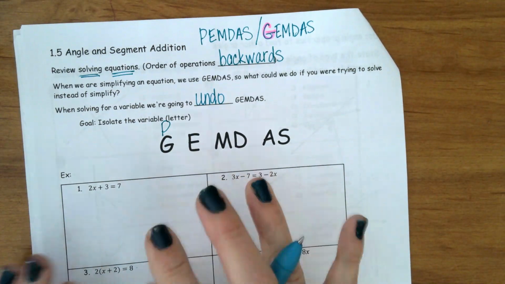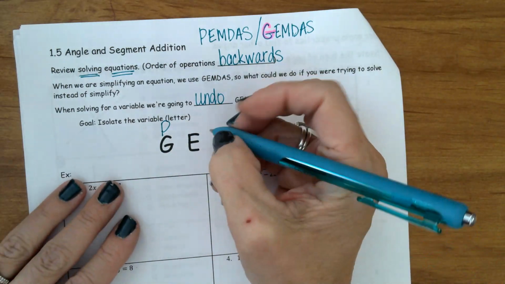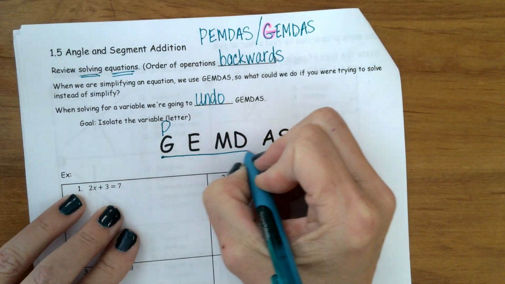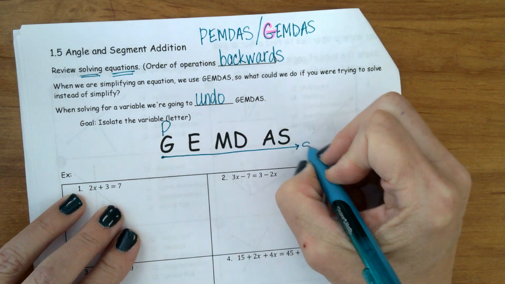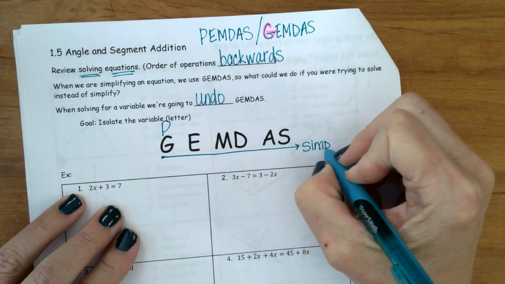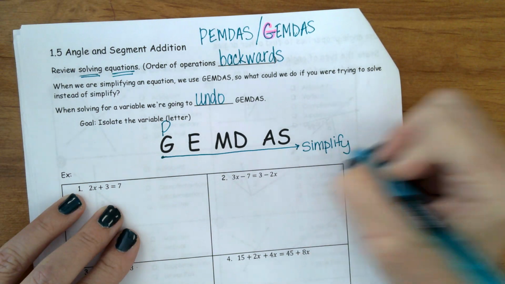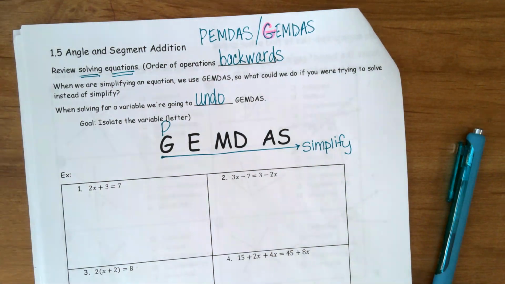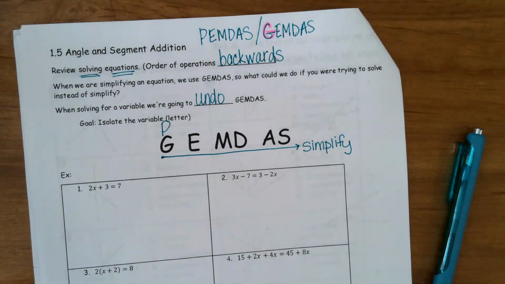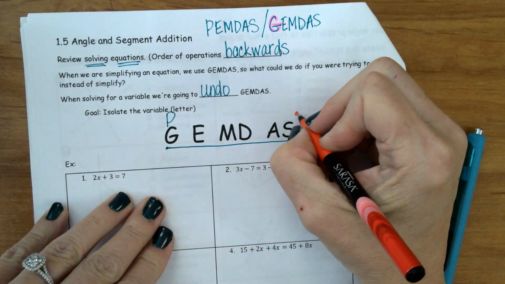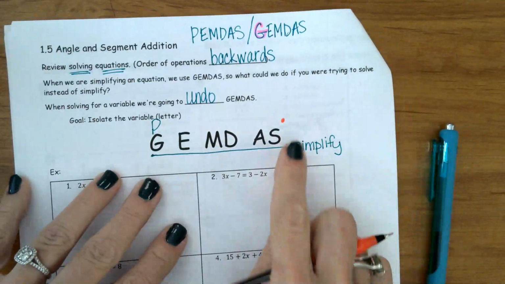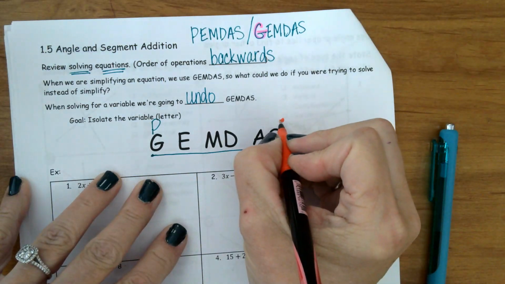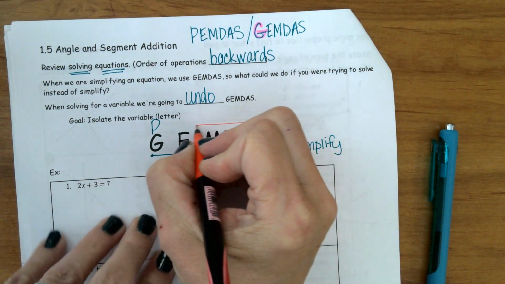Normally, with GEMDAS, when you're simplifying, you go from left to right and you go in that direction. That is when you simplify. We're not going to simplify today. We are going to solve. So when we solve, 9 times out of 10, you're starting with addition and subtraction, and you're going to be working backwards.